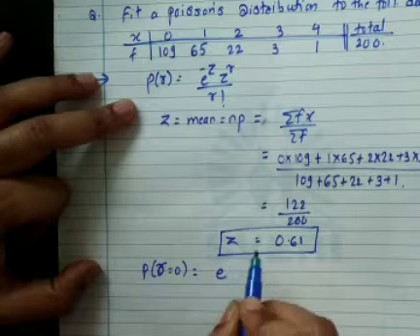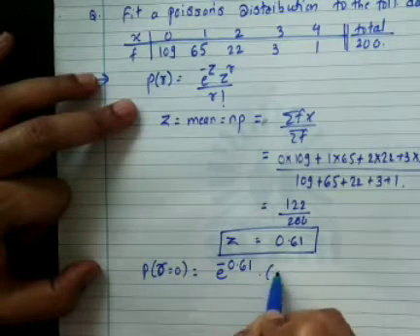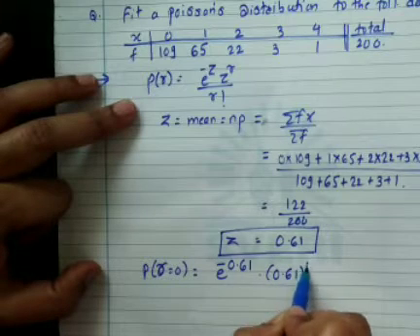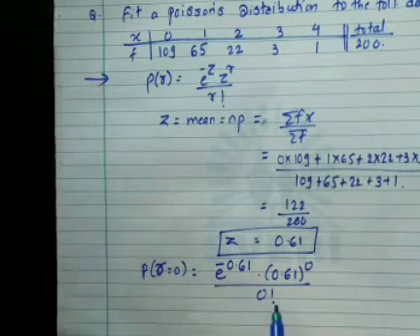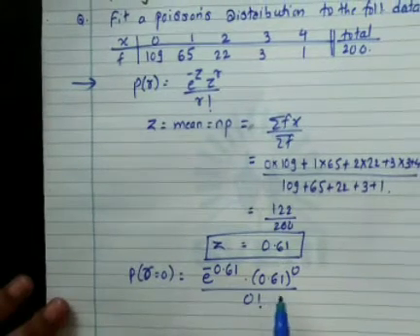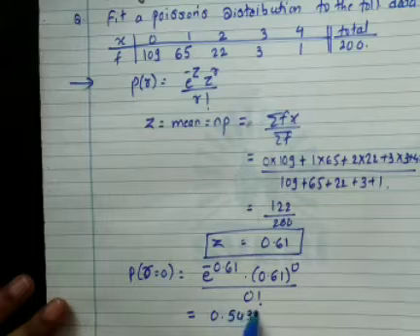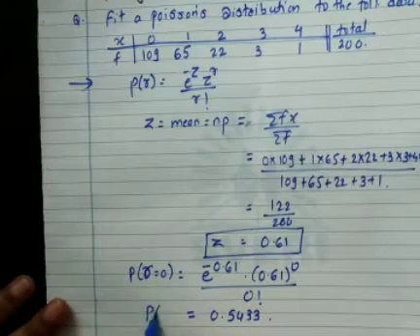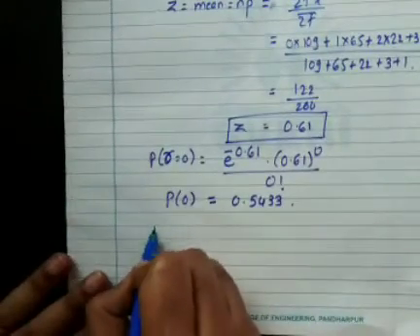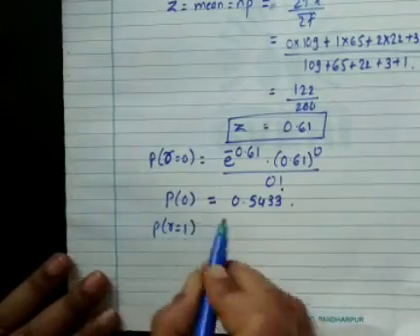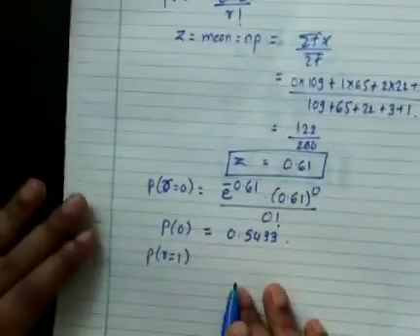We get e raised to minus 0.61 into 0.61 raised to 0 upon 0 factorial, and we get 0.5433 as the probability of 0. Next, we'll find the probability of 1. 0, 1, 2, 3, 4, all we are going to find.